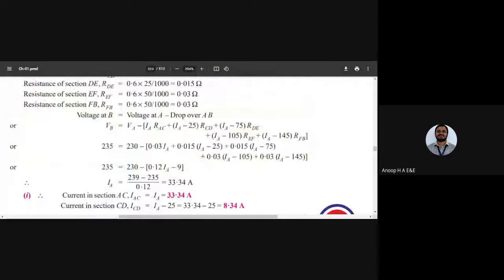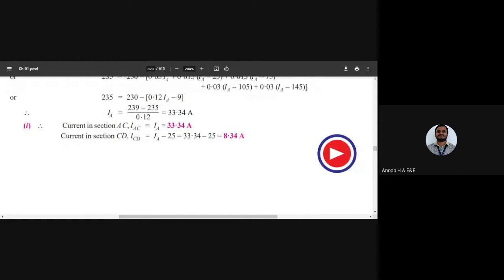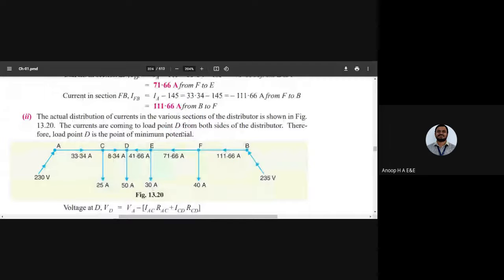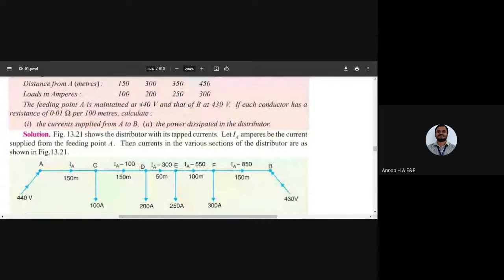Can you tell the currents in different sections, Kusuma, because we want to find out the minimum potential? Current in section AC is 33.34 amperes, sir.